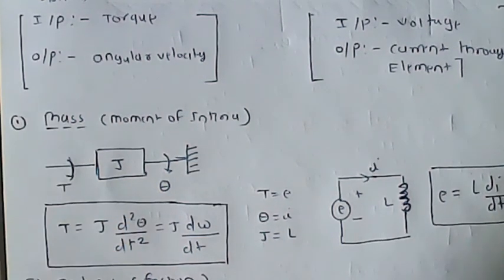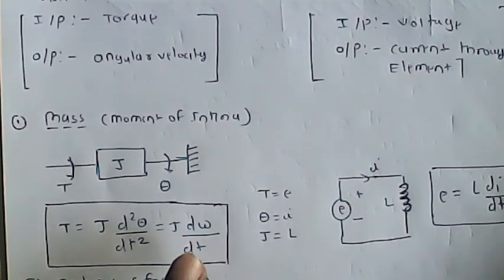To measure the torque in terms of the angular displacement, T is equal to J d square theta divided by dt square, the double derivative of angular displacement. Or we can also write the torque in terms of the angular velocity, J into d omega by dt.